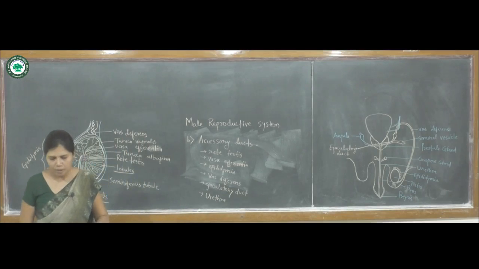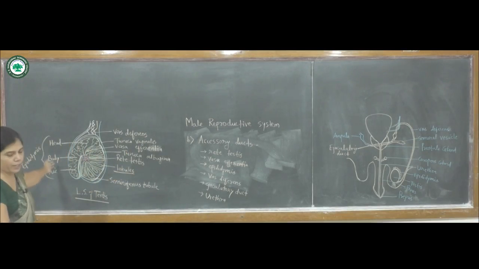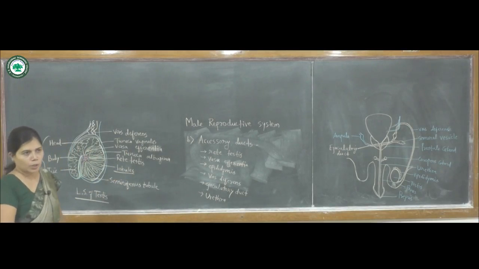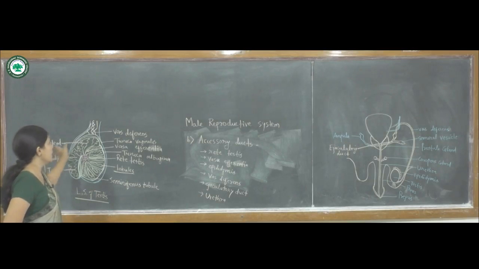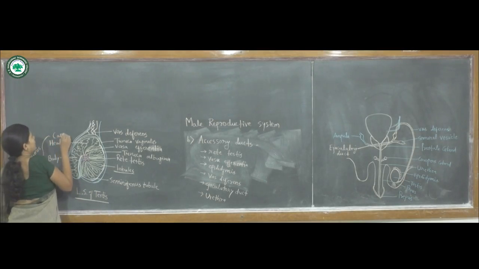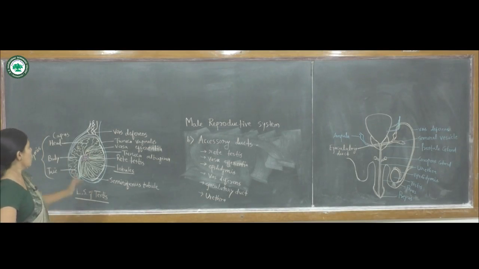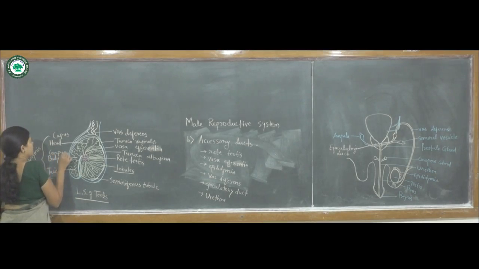The uppermost part, the head, is known as the caput epididymis. Now the middle portion, the body of the epididymis, is known as the corpus epididymis.